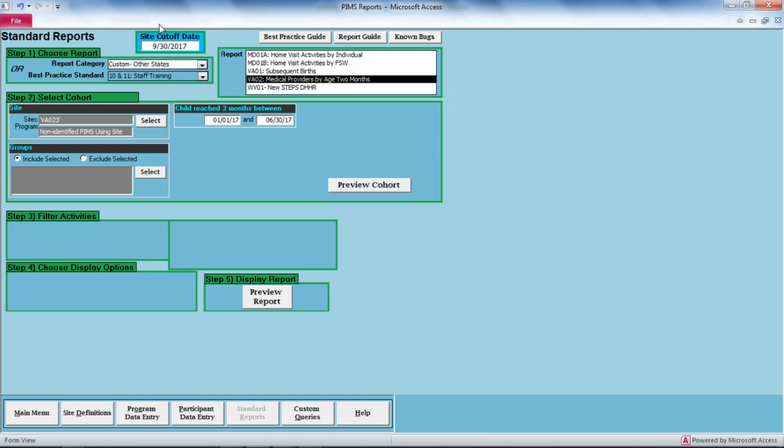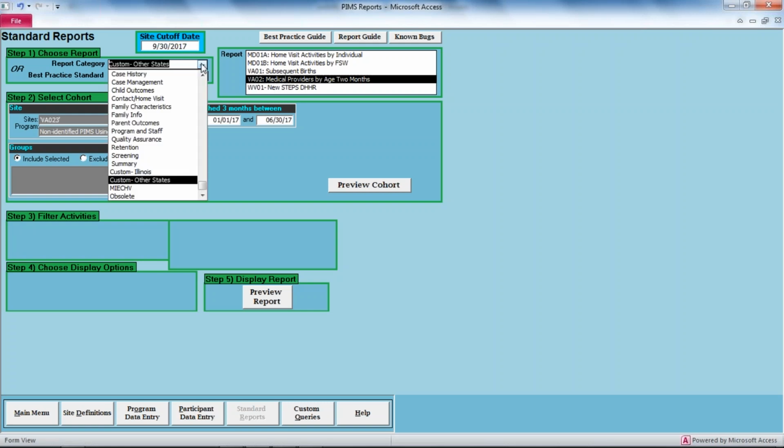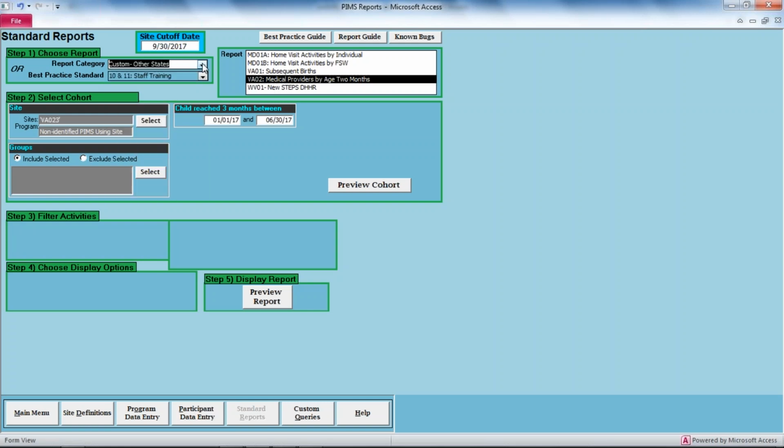You want to check your site cutoff date. You want to select a report category in this window. You want to select the report that you're going to look at in the report window, but don't run it. Okay, each time you select a different report in this window, some of the parameters down here may change.